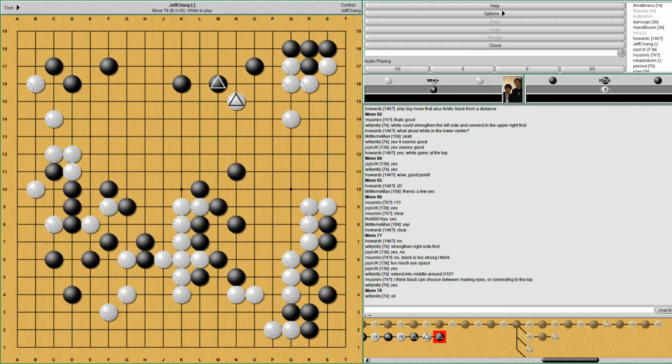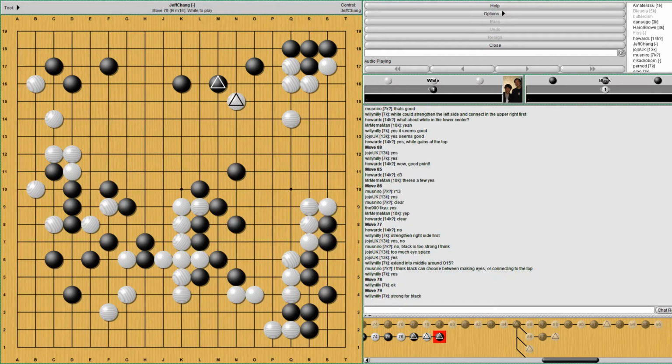Regarding this exchange, what do you think? So what you're about to play at N15, and black does this. You use the word strong for black. I don't think strong is the right word here. I think it's more like you have played a high stone, which you are claiming is threatening the black group.